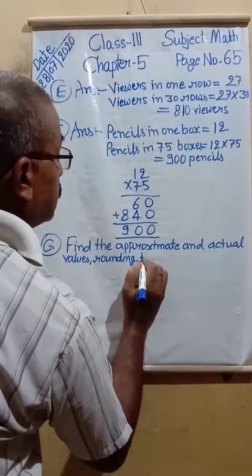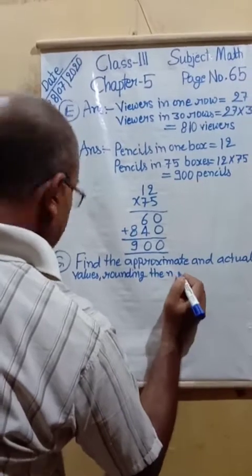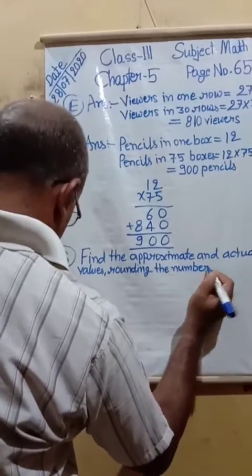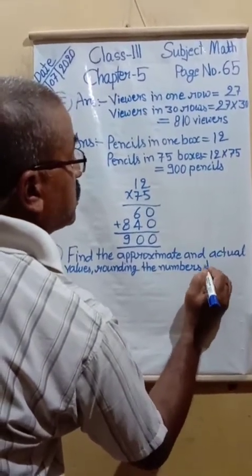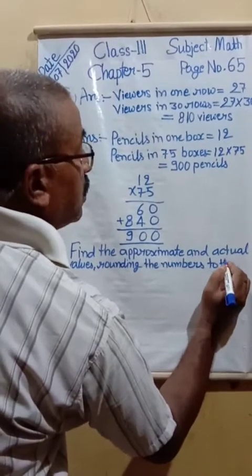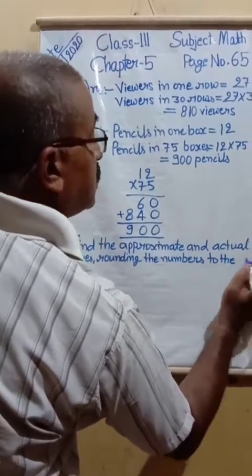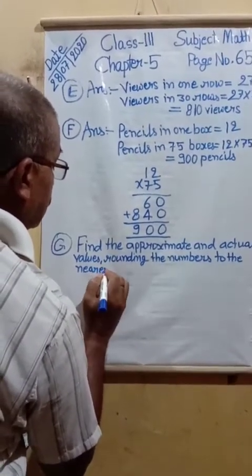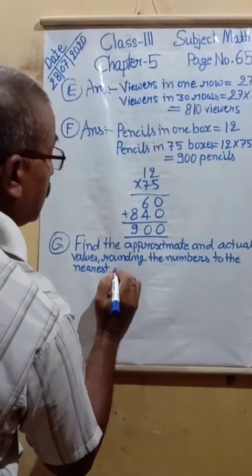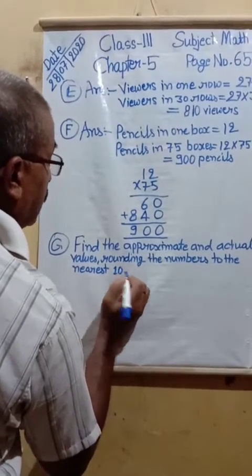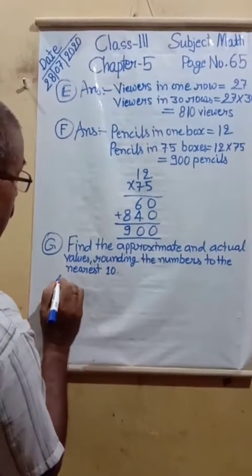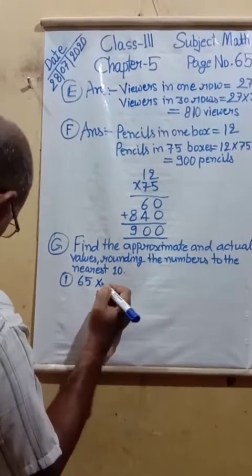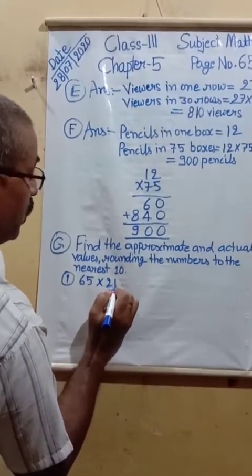Rounding the numbers to the nearest 10. First question, 65 into 21.